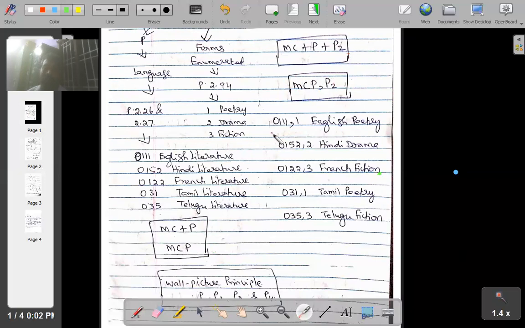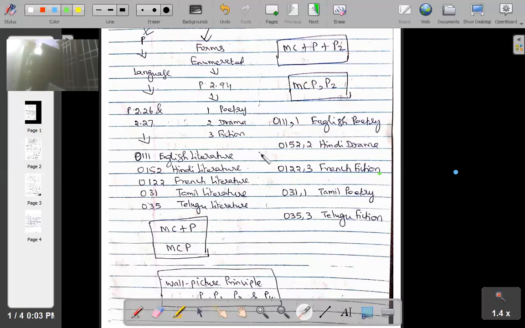This is a formula. First, you write the main class O, followed by the language number taken from page number 2.26 and 2.27. And then you have to insert a comma, followed by the forms of literature, which can be poetry, drama, fiction, oration, prose, all those things. They are taken from page number 2.94.